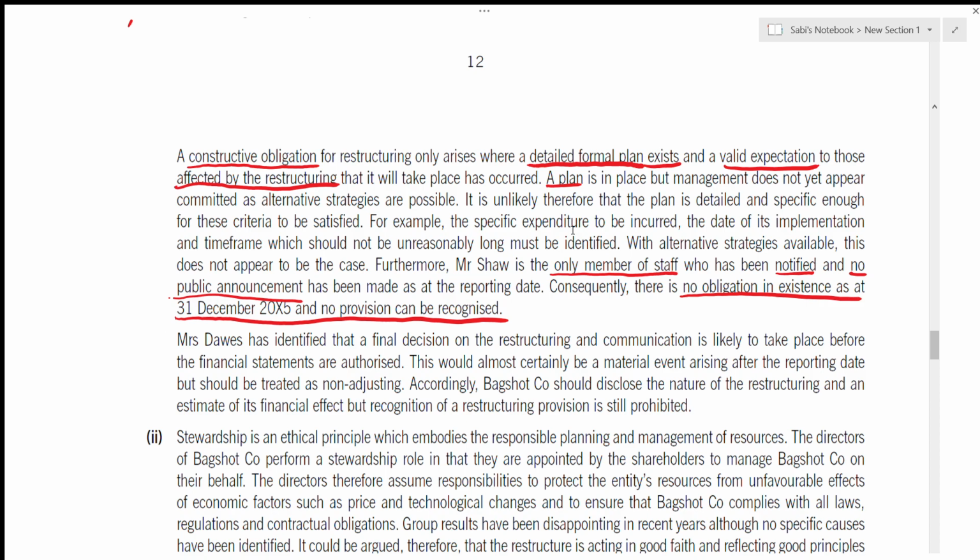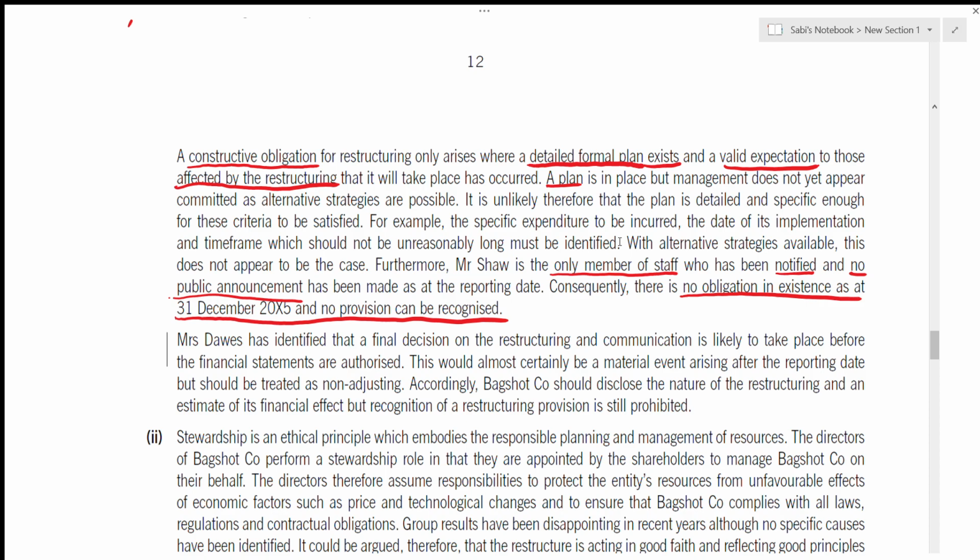Now let's go and see what is in the last paragraph. They're talking about Mr. Dowes having identified that a final decision on the restructuring and communication is likely to take place before the financial statements are authorized. Make sure what he has identified. This paragraph is also very important. When you read it later, you will understand why. Because you might be thinking that now it's over, why is this last paragraph there?